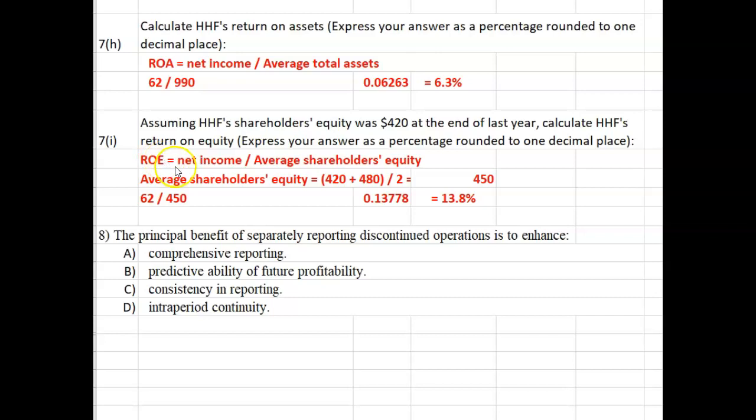Return on equity is calculated by dividing net income by average shareholders' equity. So we have to calculate average shareholders' equity. That calculation is beginning shareholders' equity plus ending shareholders' equity divided by 2. Last year's ending balance of equity is this year's beginning balance of equity. So beginning shareholders' equity is $420,000.